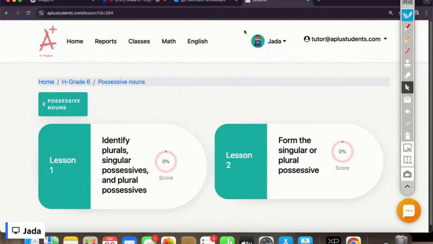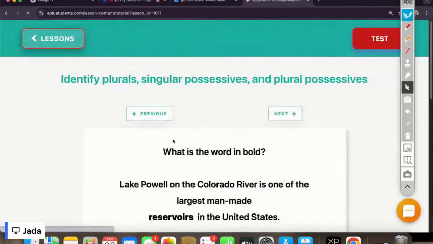Alright, so we have identify plural, singular possessive, and plural possessive.